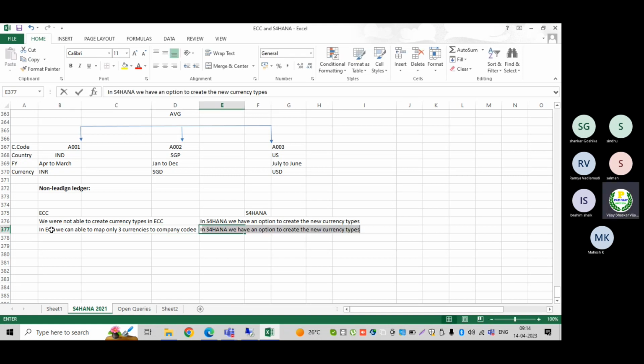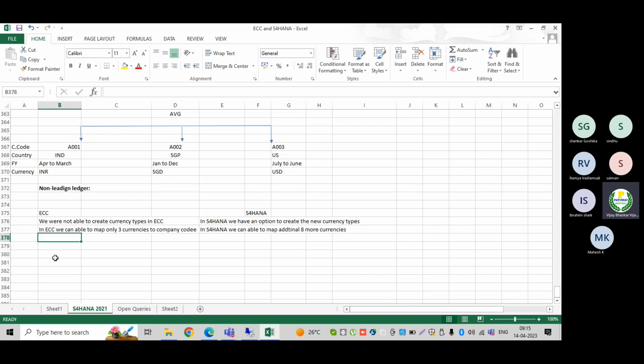But now in S4 HANA, we can map an additional 8 more currencies. Remember, additional 8 more currencies which we can map.